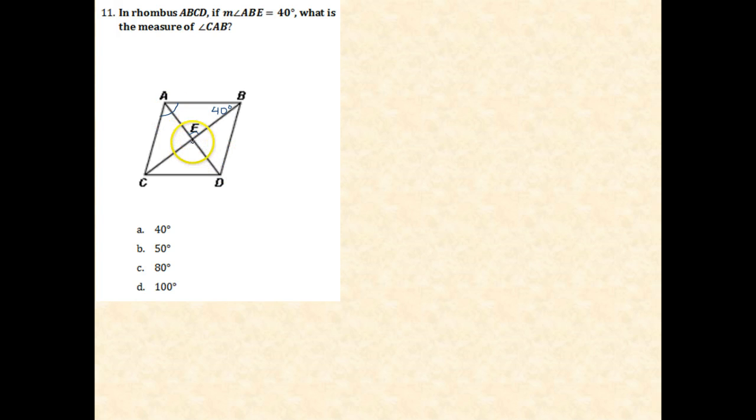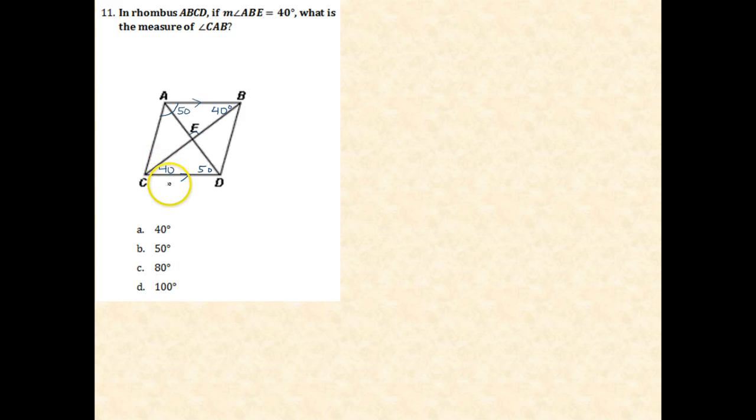So that's 90 degrees. So this angle EAB has to be 50. Alright, so what else do we know? Here's two parallel lines cut by a transversal. So that means alternate interior angles are equal. This one also has to be 50.